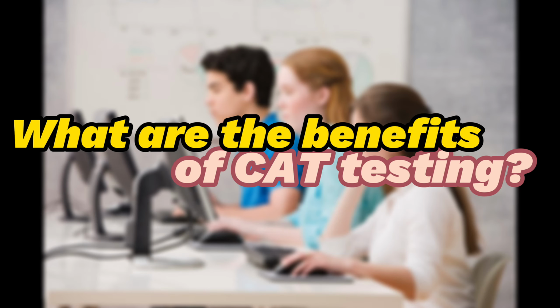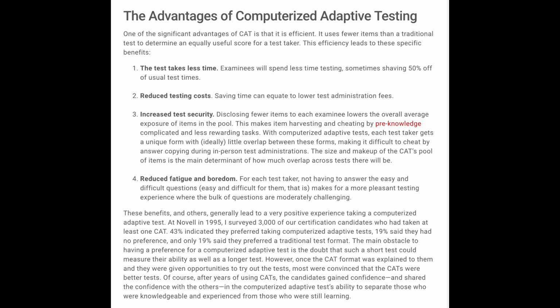What are the benefits of CAT testing? CAT tests are shorter than traditional tests. This is because test takers don't have to waste too much time answering questions that are too easy or too difficult. Shorter tests also means reduced fatigue or boredom for test takers.